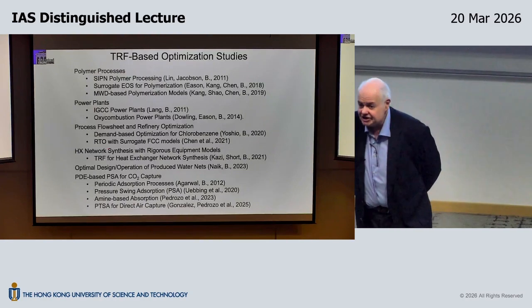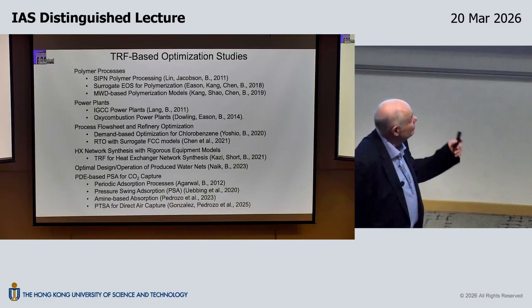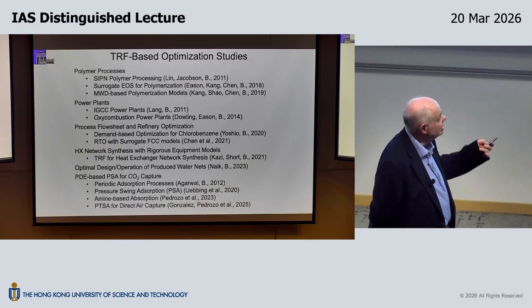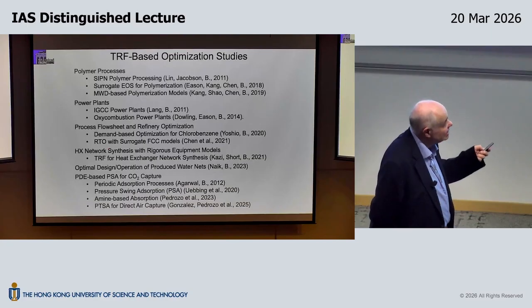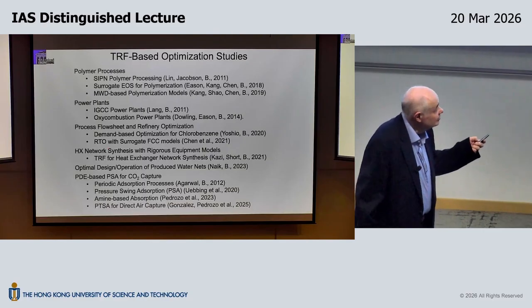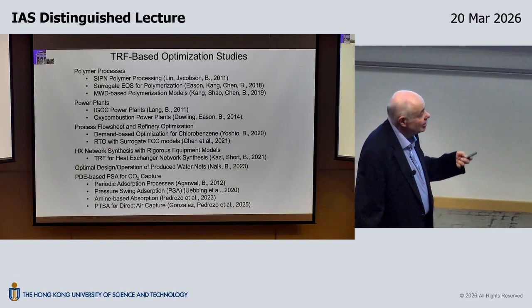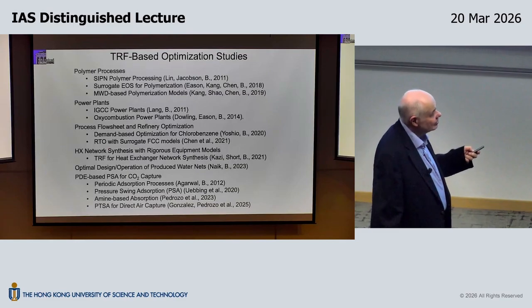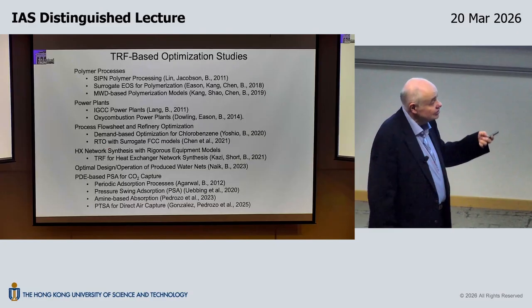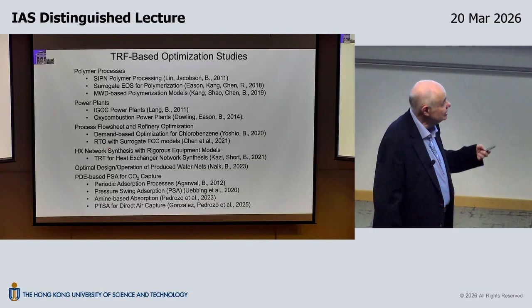So these are some case studies that we got. We've applied this to polymer processes going back 10 years. We've looked at power plants, and we're doing CFD models with this approach. We were looking at refinery optimization, where we had surrogate models for an FCC unit, and heat exchanger networks with MINLPs over here.